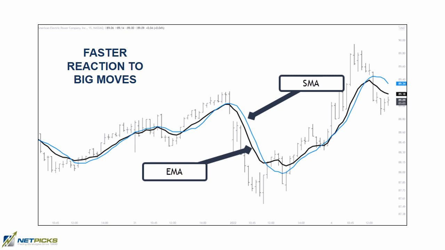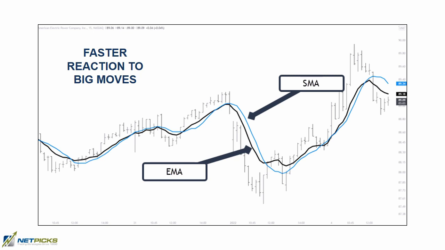Exponential moving averages place more importance on recent price, right, than the previous price points. So this feature allows the same period as the SMA to react quicker to price movements. You see on this chart here, it's the same period setting for the SMA and the EMA, but you can see the EMA moves a little bit quicker.